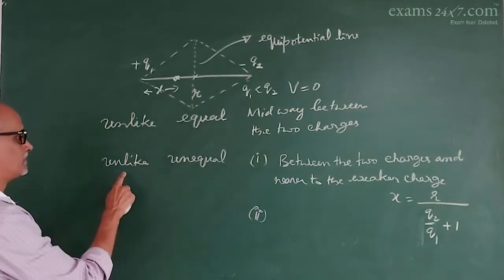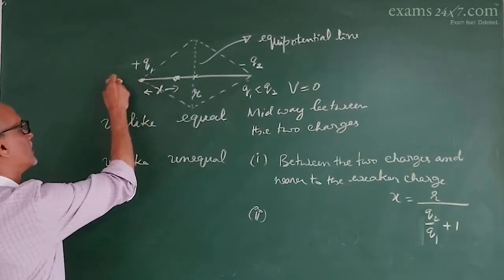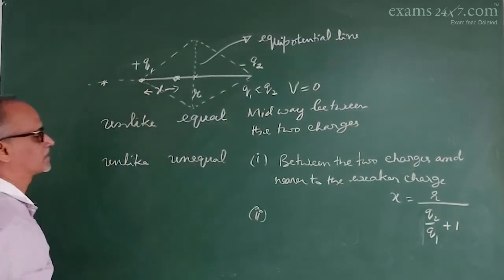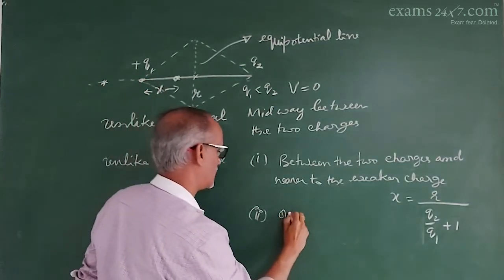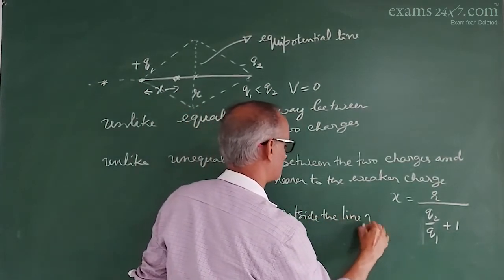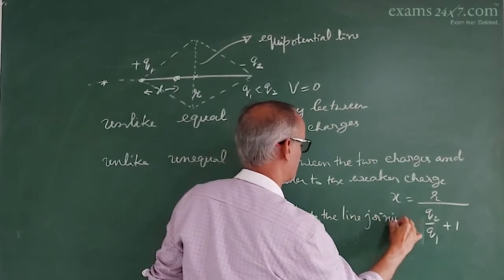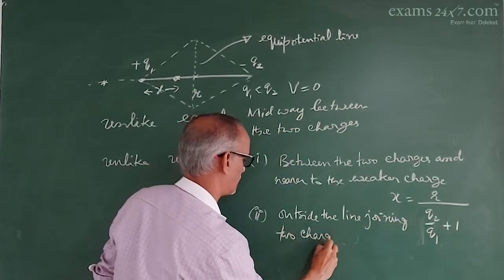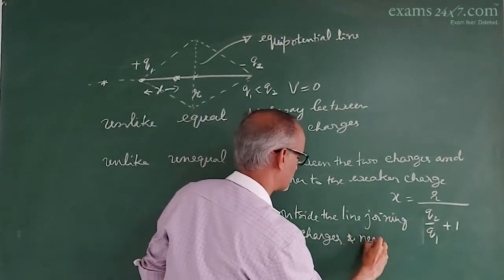And in the same case, we can even get a point of 0 potential outside the line joining the two charges. The other point is outside the line joining the two charges and nearer to the weaker charge.